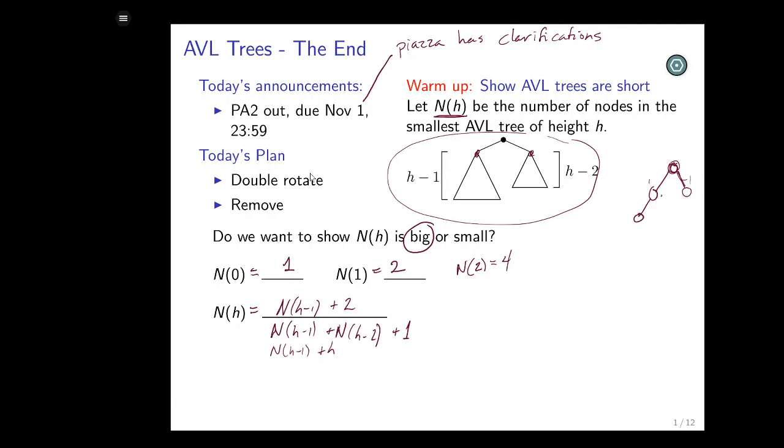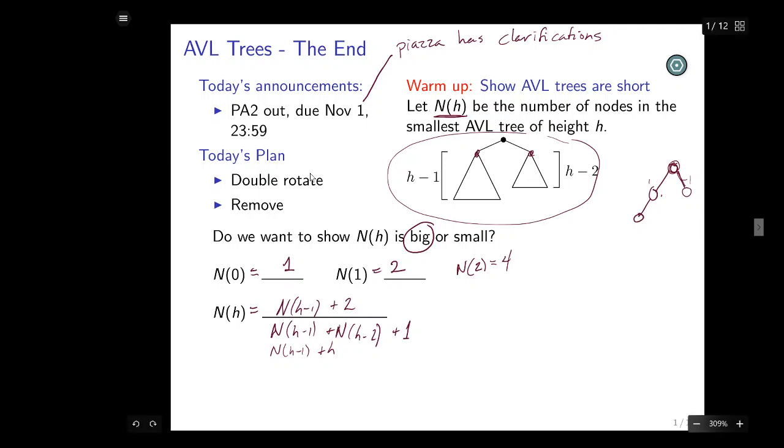And it turns out that the number of nodes to make something of height H minus 2 is less than the number of nodes to make something of height H minus 1. So if I'm trying to make my AVL tree the smallest possible to have height H, I would choose my other child to be the smallest AVL tree of height H minus 2. So now you're looking pretty good.